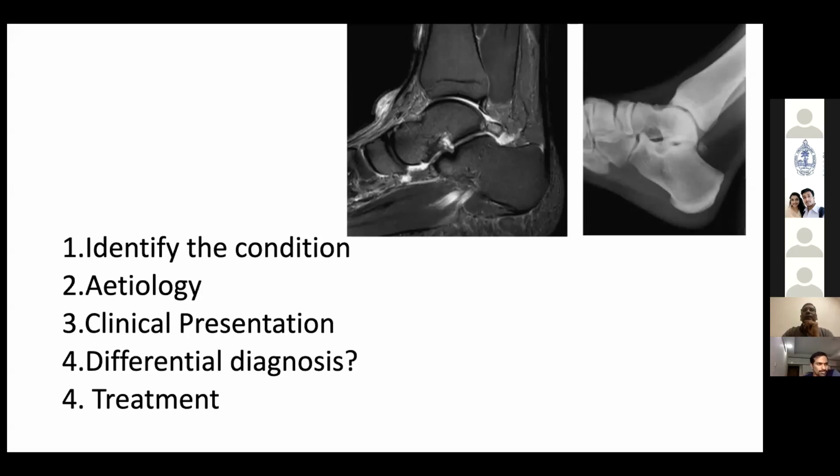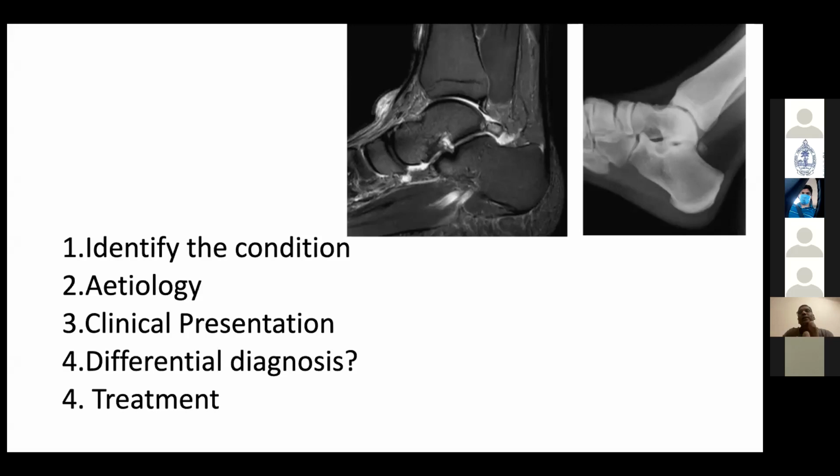Is there any differential diagnosis for this condition? Posterior process fracture. Yes, exactly, a posterior process fracture of the talus. So how will you distinguish between this os trigonum and a posterior process talar fracture? Contour of the fragment. Yes, usually this is a chronic condition, and you get a clear, round nodule, a radiopaque shadow, almost without any irregularity of the surface.